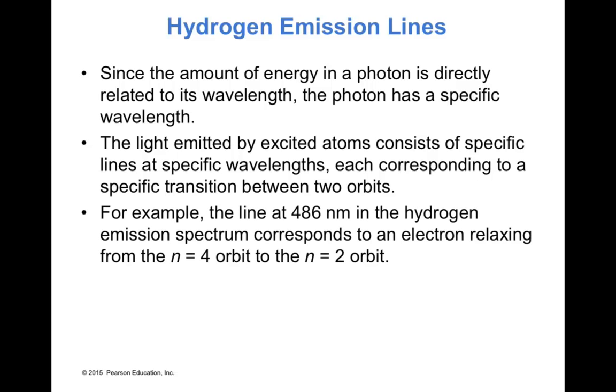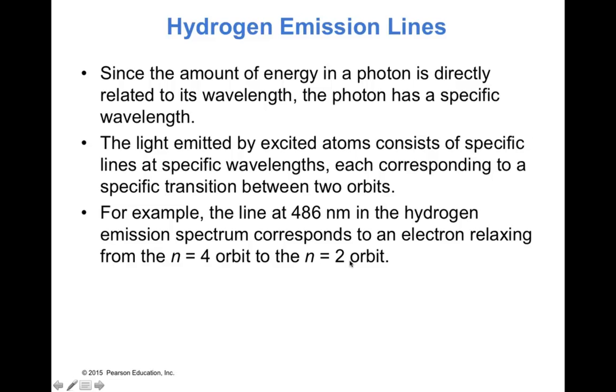For example, the line at 486 nanometers in the hydrogen emission spectrum corresponds to an electron relaxing from the orbit n equals 4 to the orbit n equals 2. That's the wavelength that you will see when this transition occurs from n4 to n2.